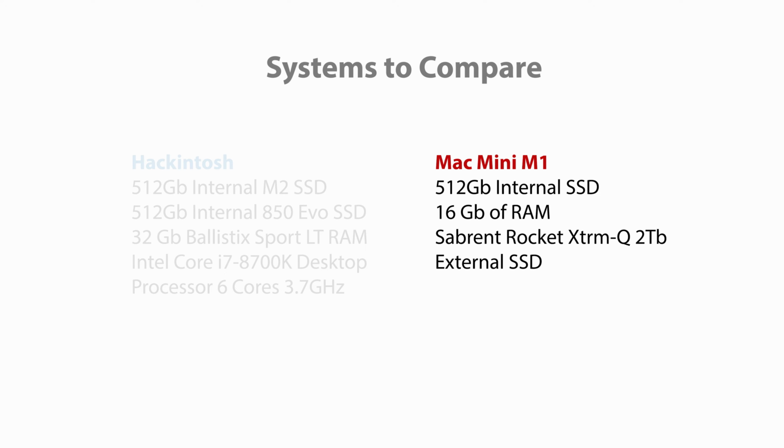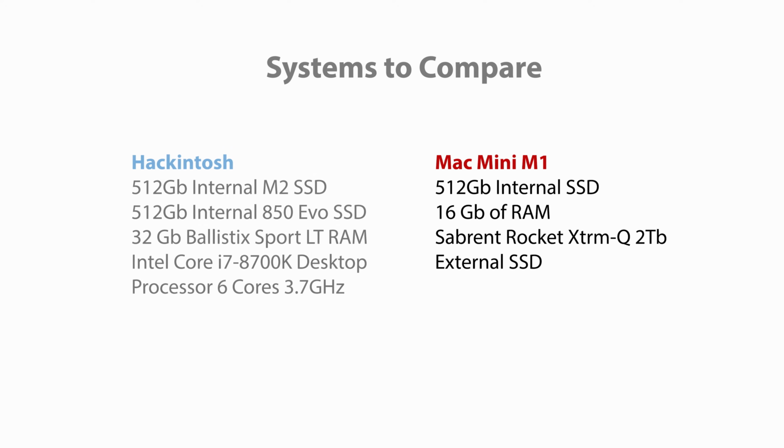The reason I got this one, and it's quite expensive, is because one, it's a lot less expensive than getting that much internal memory, but also it's just as fast as the internal memory, so it doesn't slow the computer down at all. And then also I have a couple of other external SSDs, but those don't really affect the speed. There are, of course, lots of other differences between these two, but these are the ones that actually affect how fast either model is working.